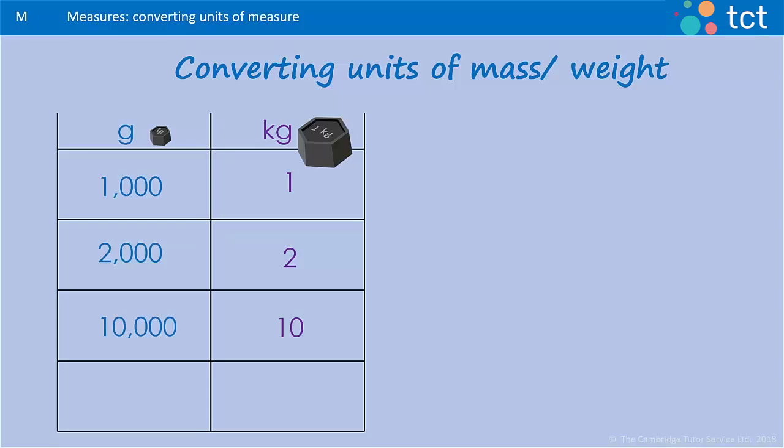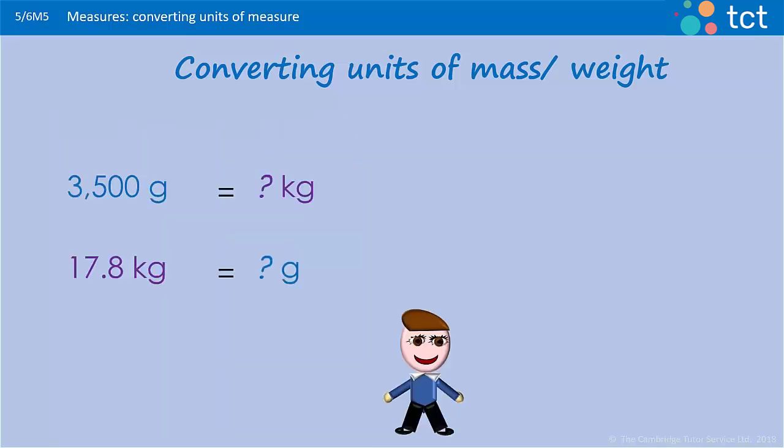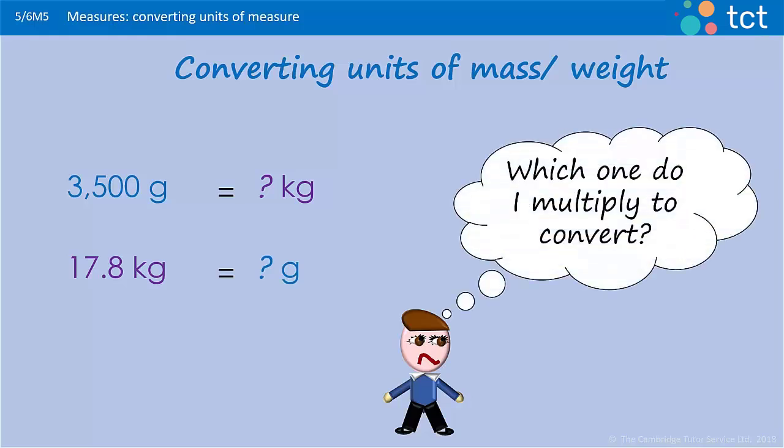So however many kilograms we have, that's how many thousands of grams we have. Looking at this the other way round, if we have 5,000 grams, because there are 5,000, that means that there are 5 kilograms.